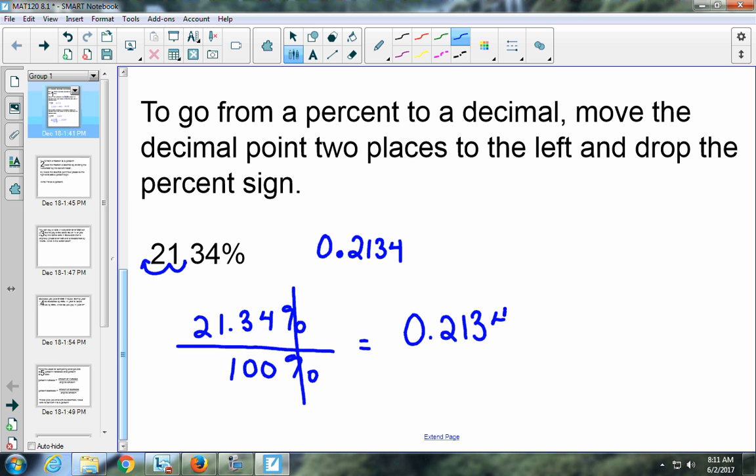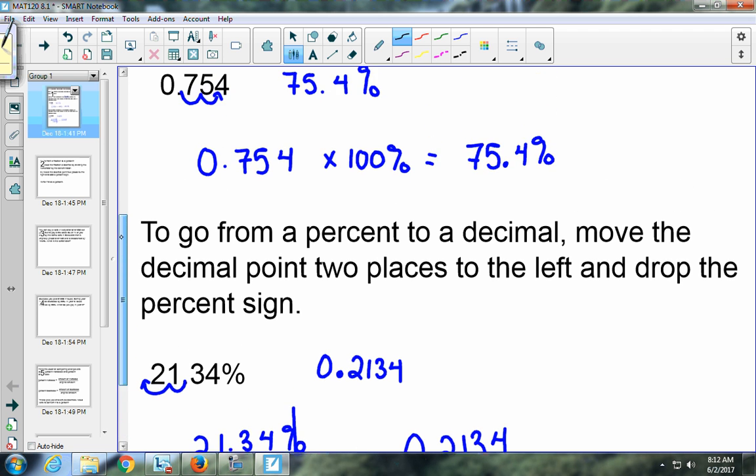Now, every once in a while, I have students that really like the shortcut of bumping the decimal point, but they get confused as to which way it goes. So what I always tell students is think about alphabetical order.